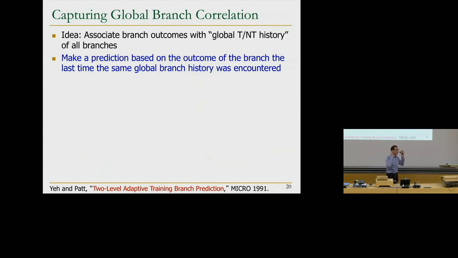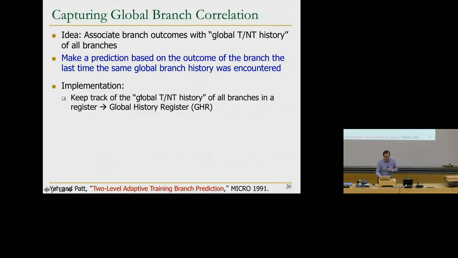So you can think of this as learning patterns, in a sense. If the history was not taken, not taken, taken, taken, and the last time the branch was executed, it was taken, then you'll learn to associate the not taken, not taken, taken, taken history with a taken outcome. Basically, we're going to remember what happened the last time we saw that pattern history for the branch.